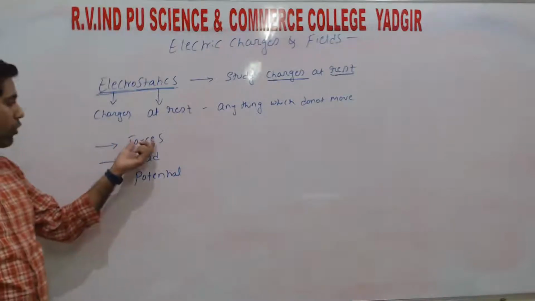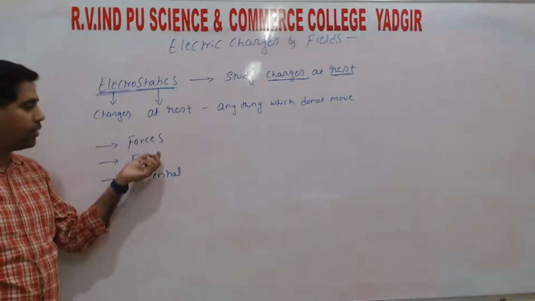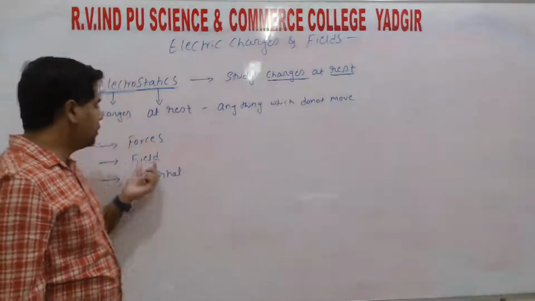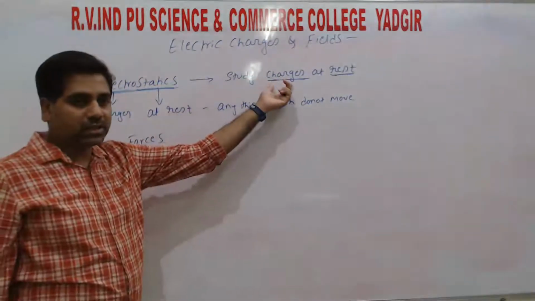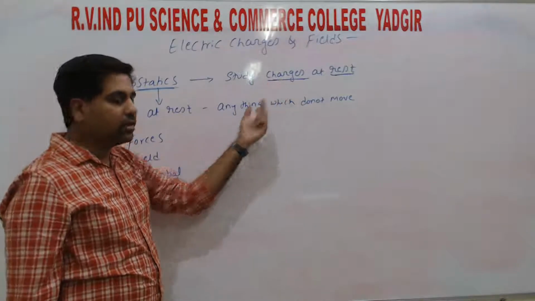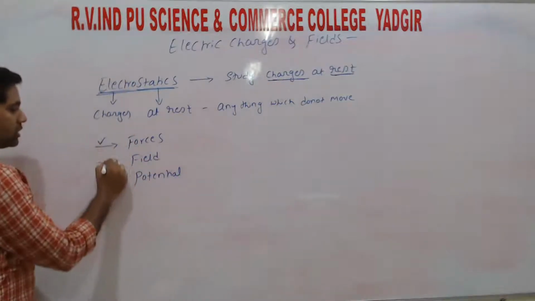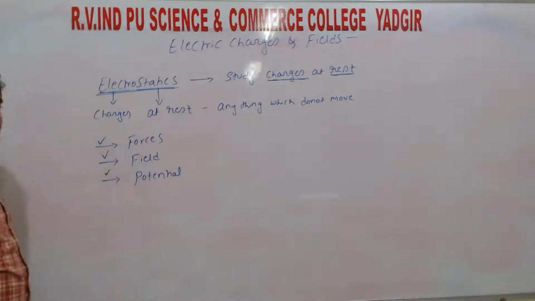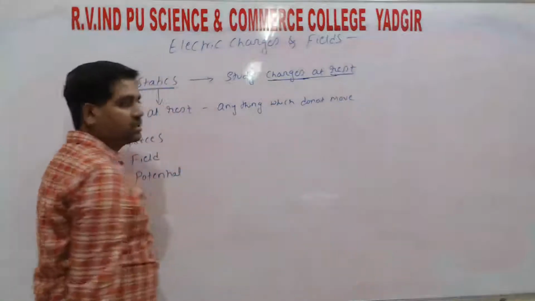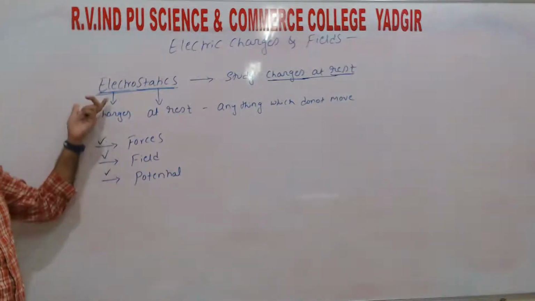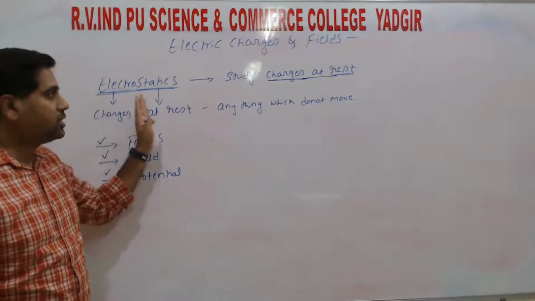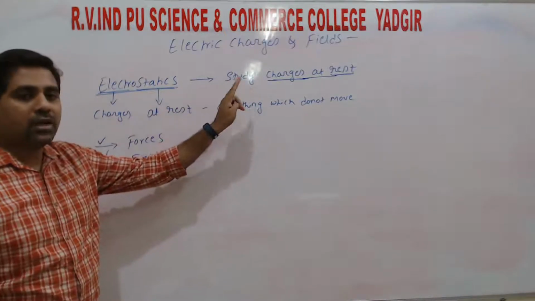That means forces due to the static charges, field due to the static charges, and potential due to the static charges. So electrostatic is a branch of physics which deals with the study of charges at rest.